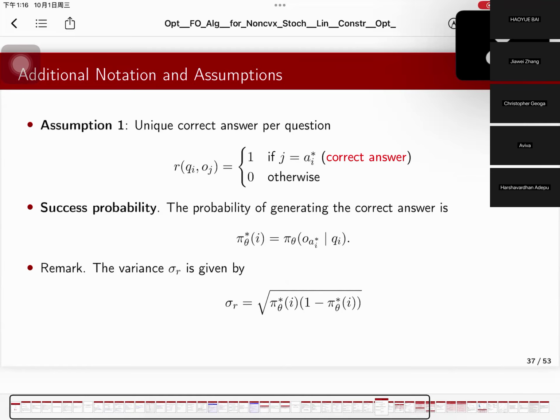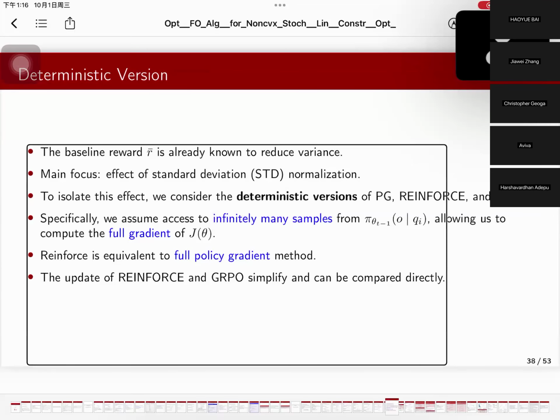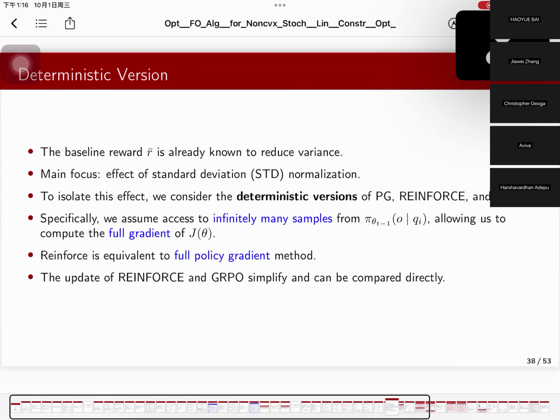Okay, let's move on. So, how does that compare to the policy gradients? REINFORCE is just to introduce this advantage function, this baseline, to reduce the variance. But we know that's a very fundamental theory from policy gradients, that if you have infinitely many samples, then REINFORCE is the same as policy gradient.